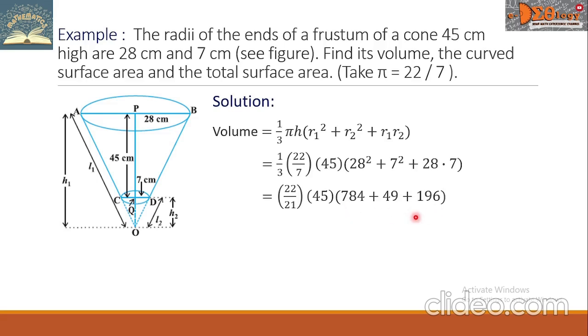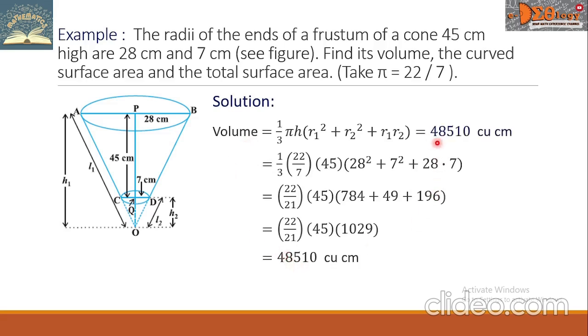And the sum inside this grouping symbol is 1029. Using our calculator, we multiply 22 by 45 by 1029. Then divide by 21. That will be 48,510 cubic centimeter. This is the volume. Let us write this value opposite the formula.